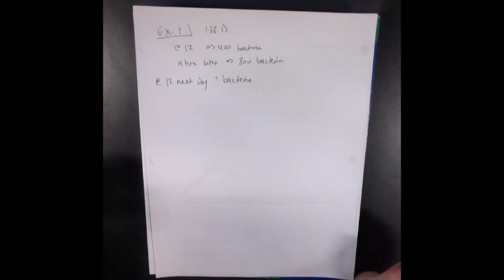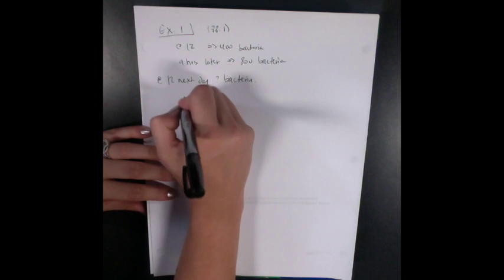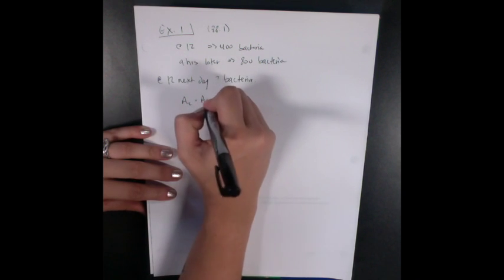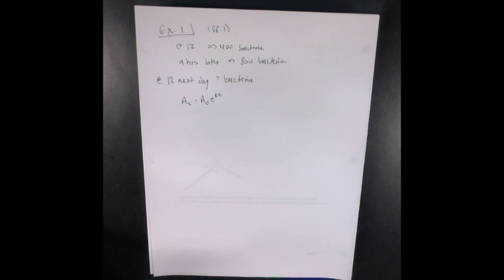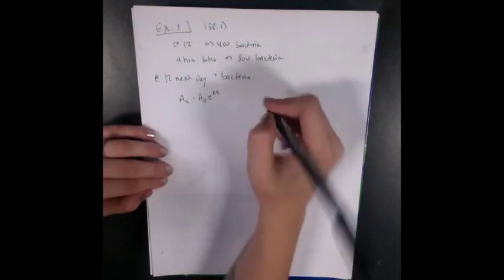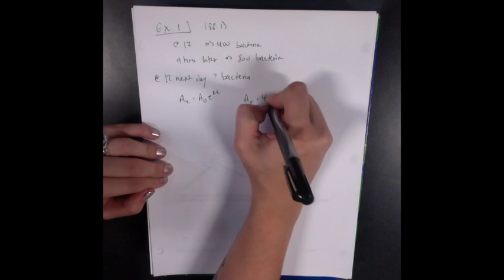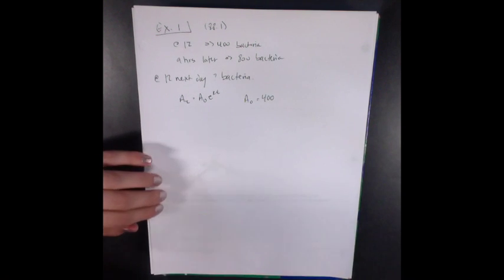Okay, so the first thing we do is our formula. A sub t is A naught e to the kt. In this case, we are talking about noon. That's our beginning, which tells me that A naught is 400.